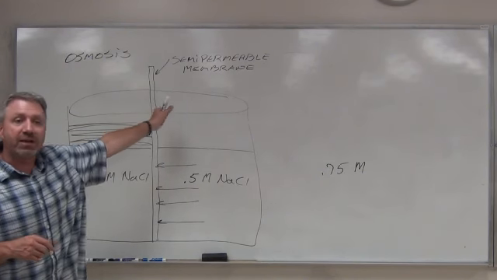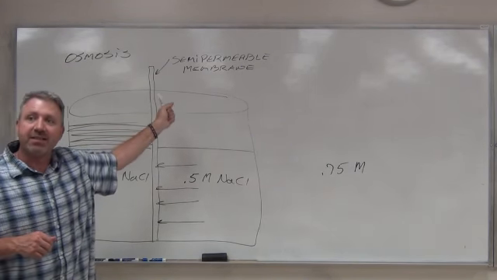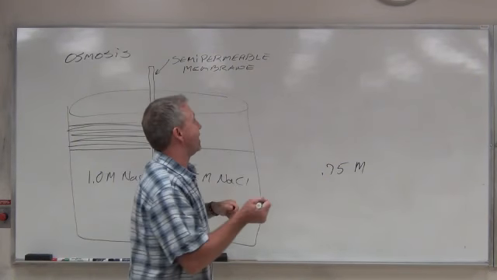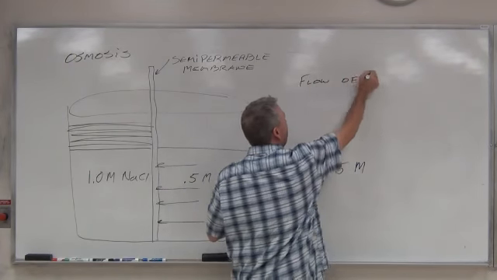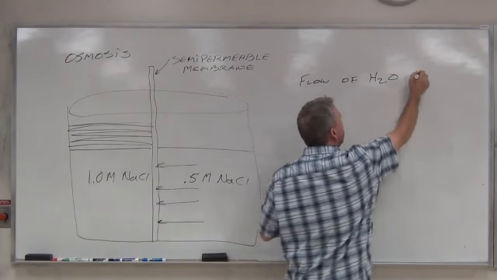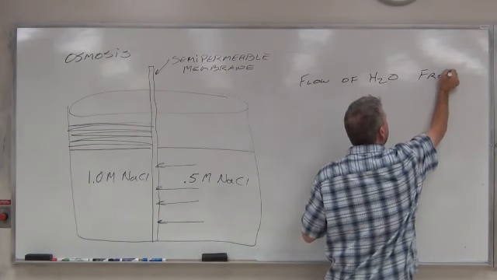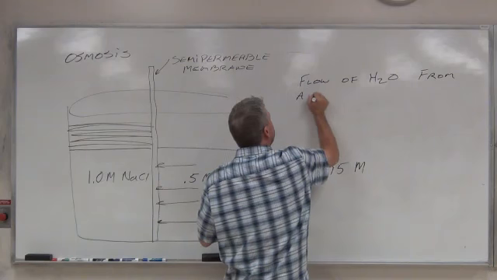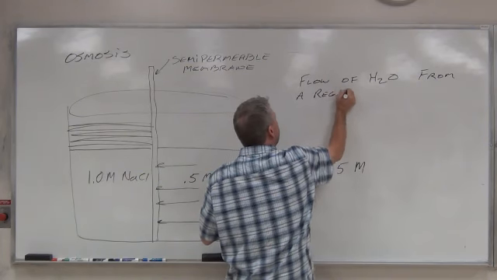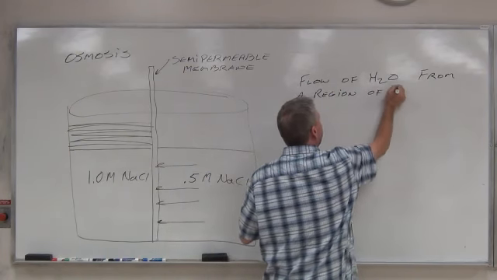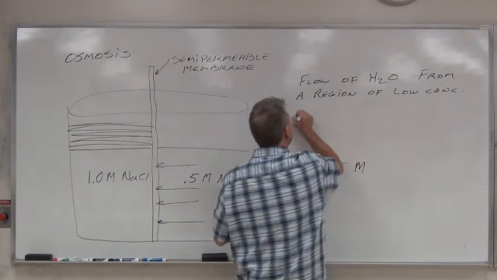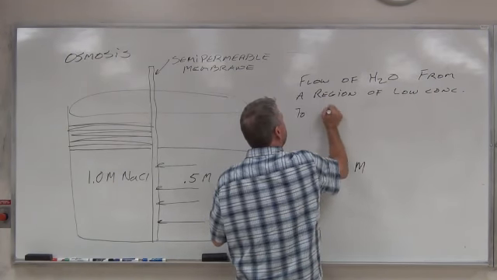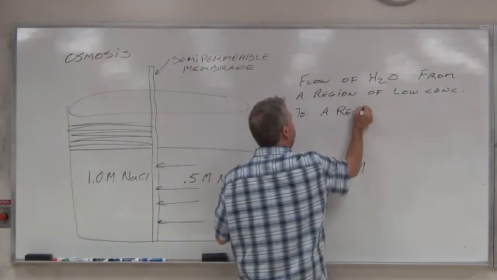What's confusing about osmotic pressure is that sometimes it's defined as the flow of water from a region of low concentration to a region of high concentration.